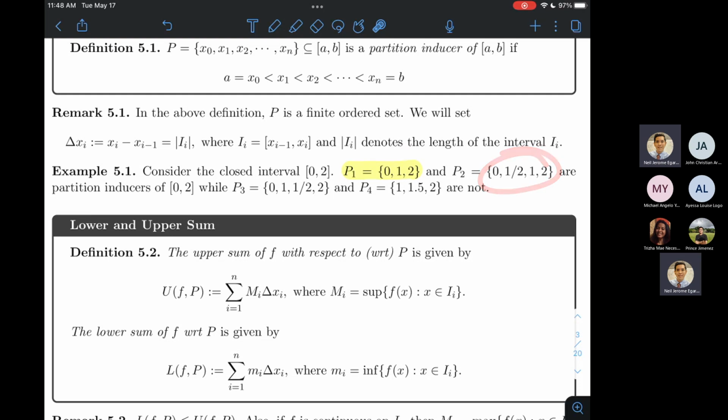The same goes for P2. So these are two different partition inducers, but look at the left endpoint, the right endpoint, and the intermediate points in increasing order. P1 and P2 are both partition inducers of the closed interval [0, 2], even though they have different numbers of elements. Meanwhile, P3 and P4 are not partition inducers.